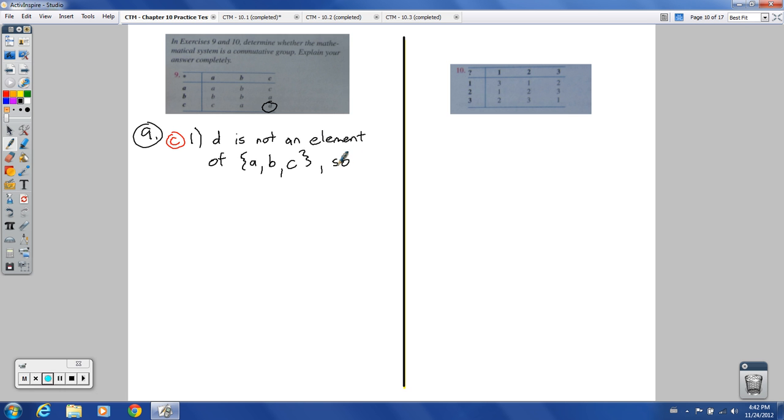So we could say the system is not closed. Therefore, you don't have to go any farther. It's got to have all 5 holding, so therefore this is not a commutative group.